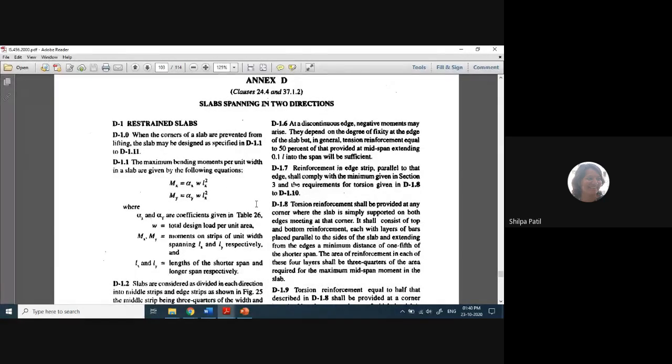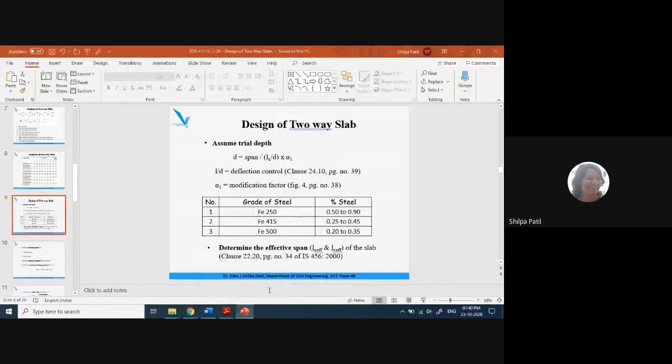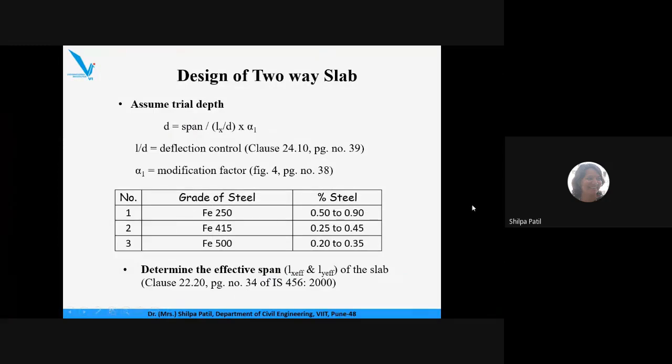Now we will come back to the design steps. When we move ahead with the design steps, we will come to understand how referring to Annex D is important. Most of the design steps in two-way design are exactly similar to the design steps for one-way slab.